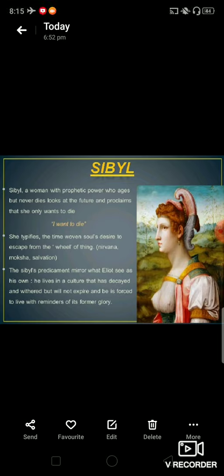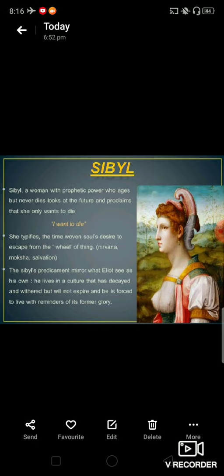Sibyl, S-I-B-Y-L. What is the myth of Sibyl? Sibyl, a woman with prophetic power. She was prophetic, meaning she could tell the future. She ages but never dies.